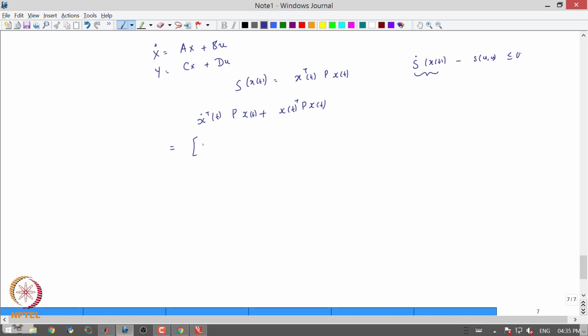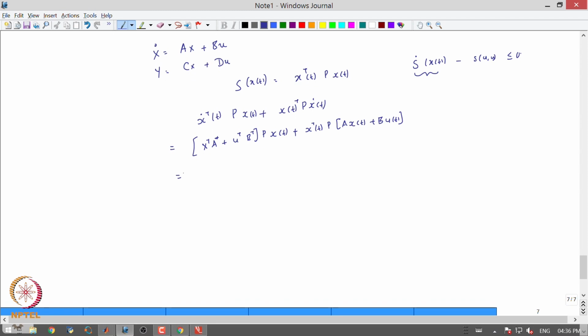This is x transpose A transpose plus u transpose B transpose, times P x(t), plus x transpose P times x dot, which is Ax(t) plus Bu(t).